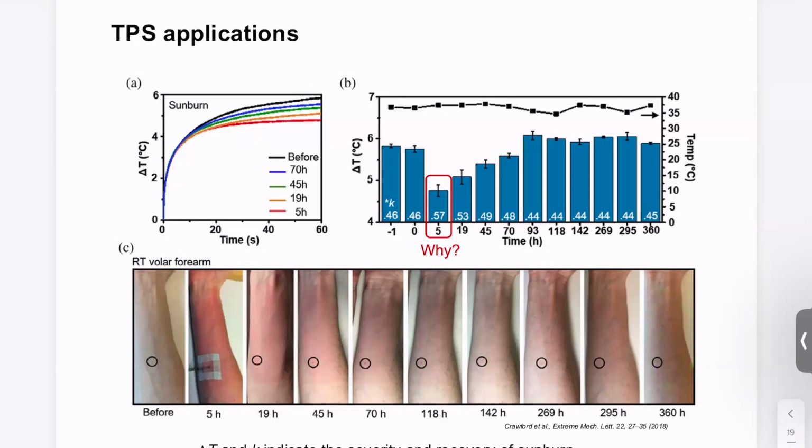So why does the hand become red after sunburn? Why does it become red? This is because after sunburn, your tissue is injured. DNA, protein, tissue, cells, they are injured. So to repair the injury, your body will try to deliver more immune cells and nutrients to your skin that is burned.